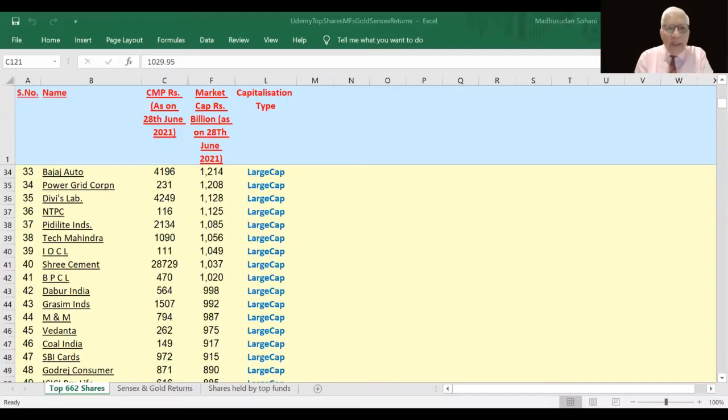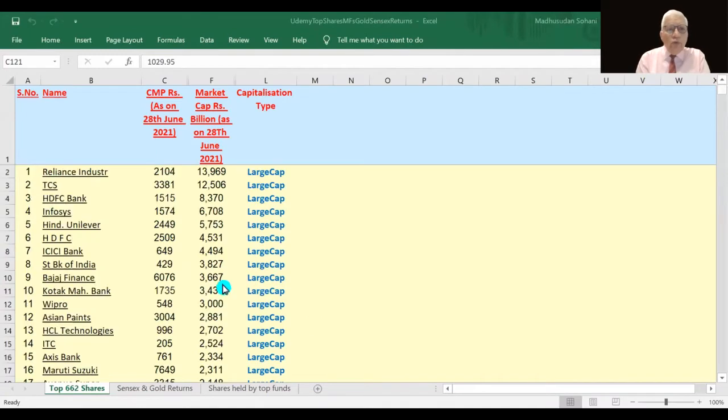So in any developing country, the returns from the stock market would generally be far superior compared to most of the classes of investment. Now, coming back to the spreadsheet which I had used, we had defined what are large cap shares, mid cap shares, and small cap shares. Now we'll come to what are large cap mutual funds, mid cap mutual funds, and small cap mutual funds. Coming here, we have seen Reliance Industries at the top with 14,000 billion rupees.